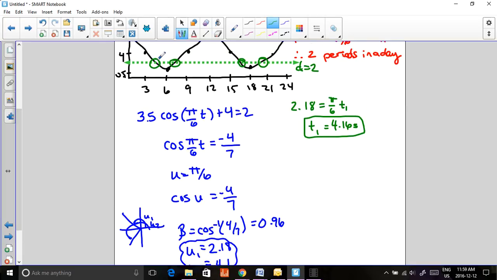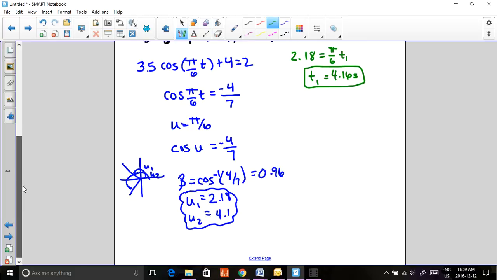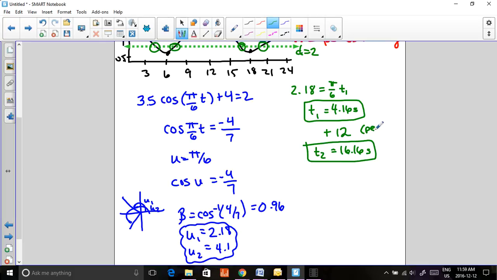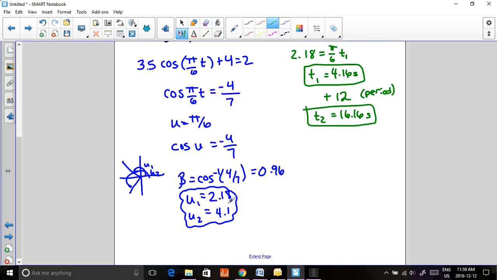This 4.16, that looks right. Okay, so then we can add a period to that to get this other answer. So plus 12 gives us our t2 of 16.16. So that's this one. Okay, so this is just a period, 12 hours. Okay, and then we can use this one to get the next one.